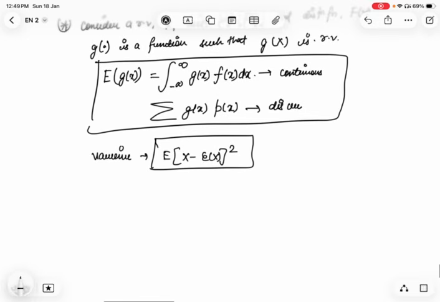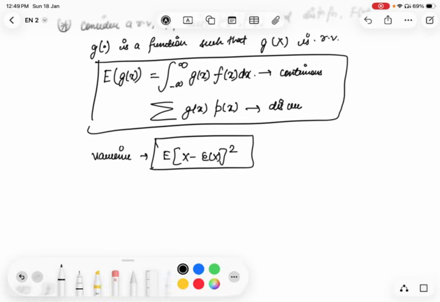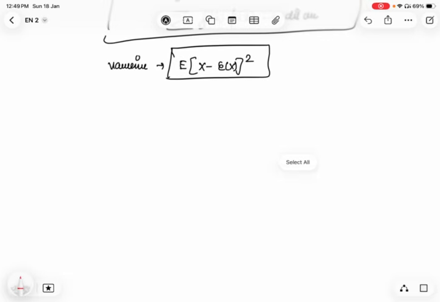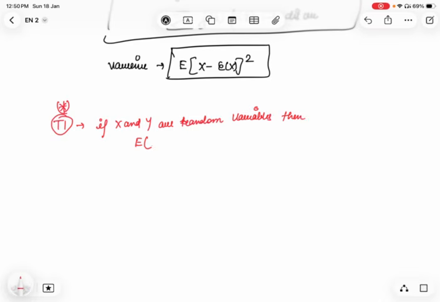Okay. Now there are some theorems on the expectation. I just write the theorems because you don't need the proof, and they are very easy theorems. Theorem one: if x and y are random variables, then the expectation of x plus y is equal to the expectation of x plus the expectation of y.